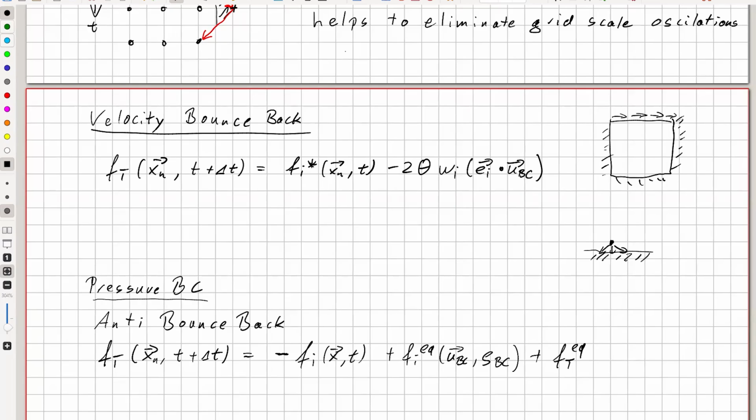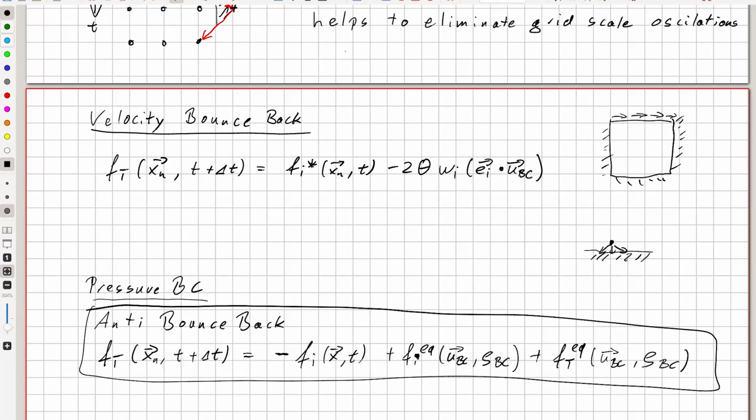And we have set here the equilibrium of the one that is going into the domain. So this is a dot, and this here is an overbar, minus. And here we set the same boundary condition, the velocity and rho_bc. And this is the anti-bounce back.